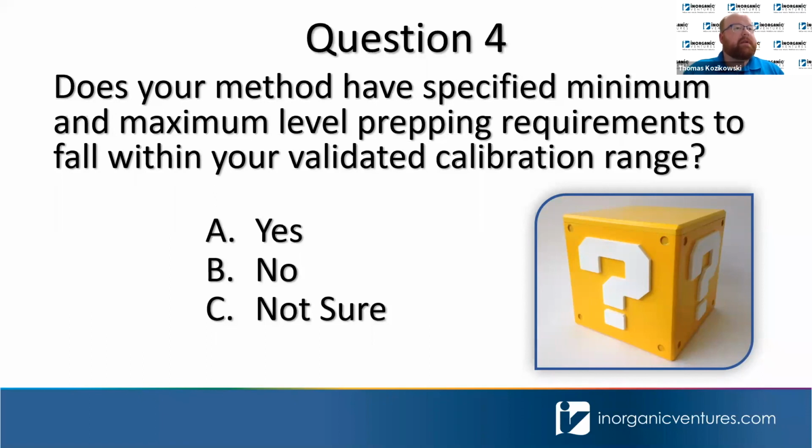All right. And it looks like the overwhelming yes on this one. So a majority of you do have specified limits, which is to be expected. It's definitely a requirement of EPA and many other accrediting bodies. So that makes sense.